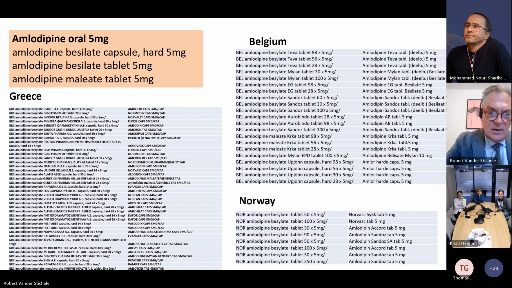So this makes it possible, if you have a Belgian product, to identify in Greece and Norway the exact similar drug, and to recognize drugs from other countries that are brought into the country.